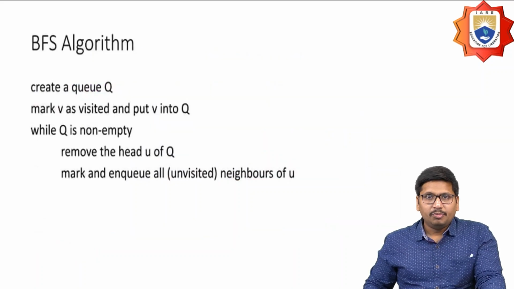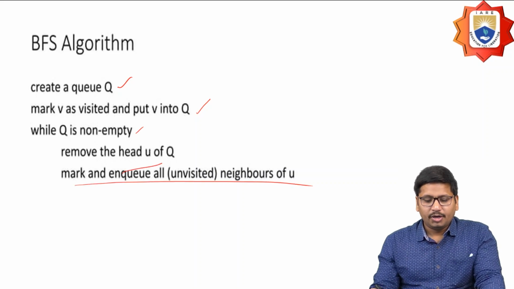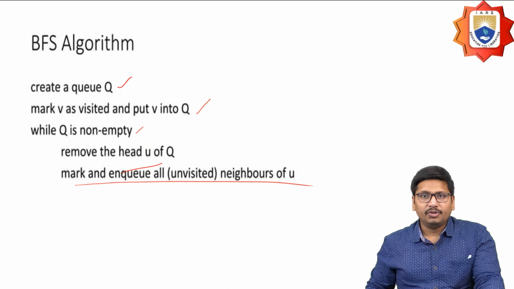So BFS is implemented by a queue. Initially I create a queue, and then mark the visiting vertex as visited, and put it in the queue. While the queue is not empty, we remove the head of the queue, and then mark and enqueue all the unvisited neighbors of that vertex as well.